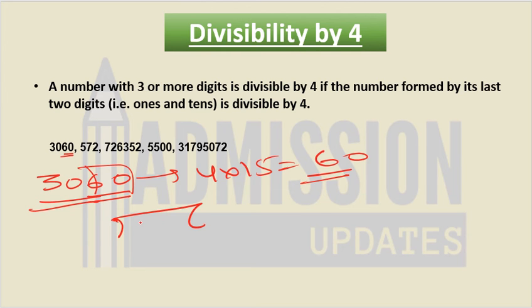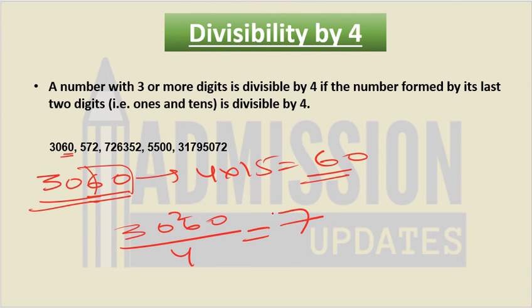When you divide 3060 by 4, you will get 4 sevens are 28, 4 sixes are 24, and 4 fives are 20. So we can say that if the last two digits are divisible by 4, then the whole number must be divisible by 4.